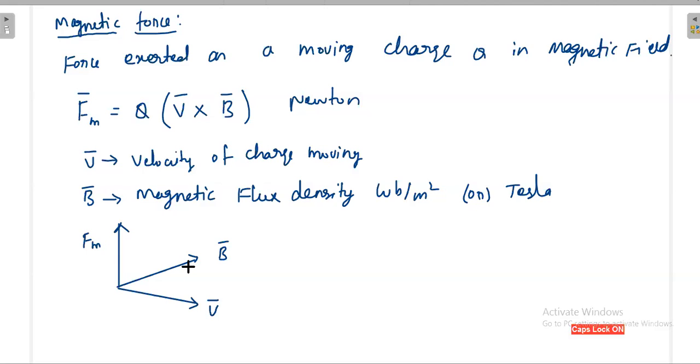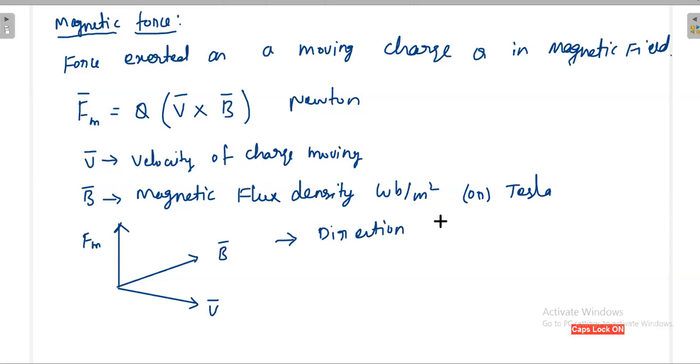The angle is also very important, in which direction your magnetic field is acting. So if you want more force, the direction of magnetic field and the direction of charge have to be perpendicular to each other, because sine 90 degrees is maximum. So the direction of magnetic force is perpendicular to the plane containing V bar and B bar.